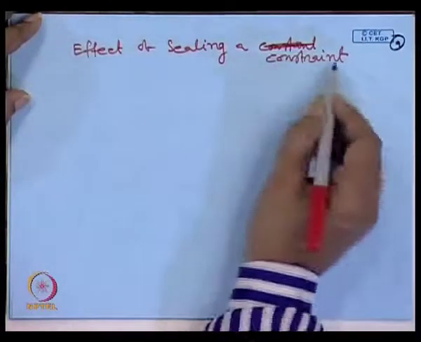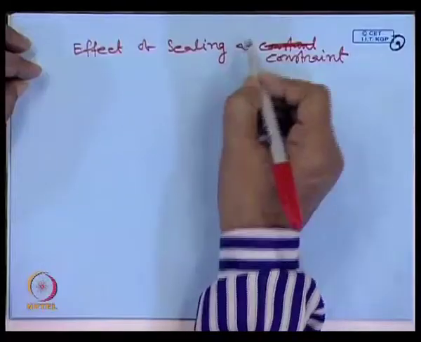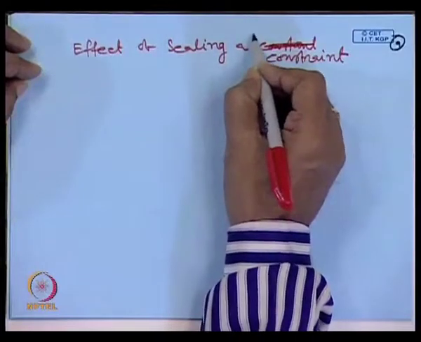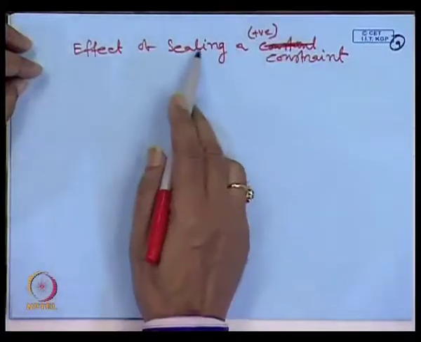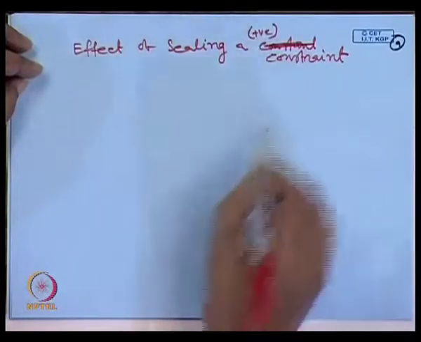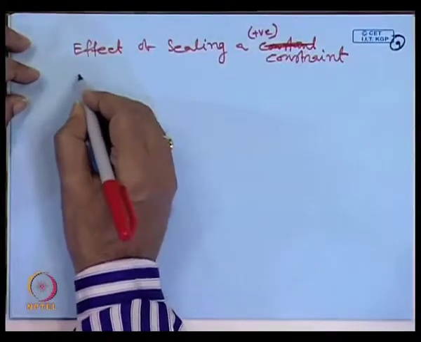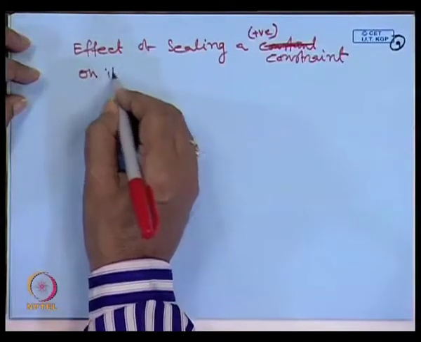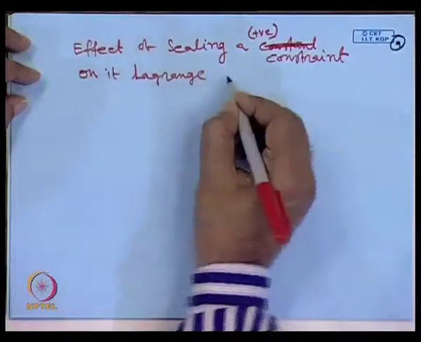We have an equality constraint and an inequality constraint. So, the effect of scaling that equality constraint or inequality constraint by a positive quantity, on its Lagrange multipliers.